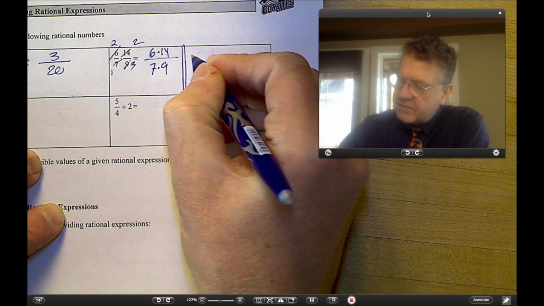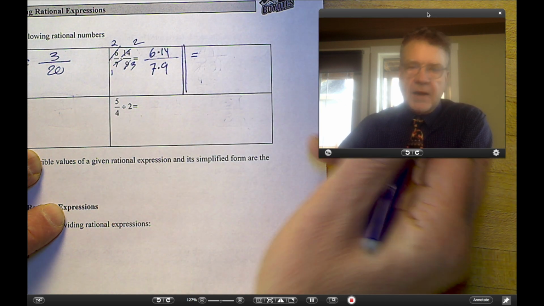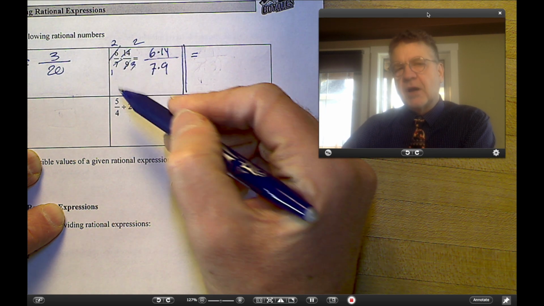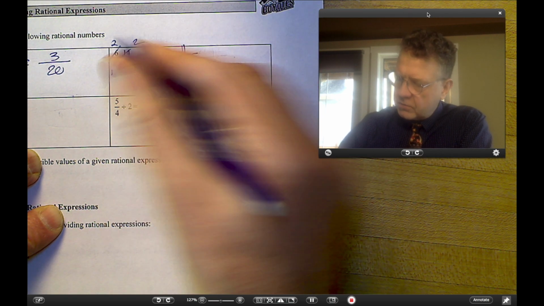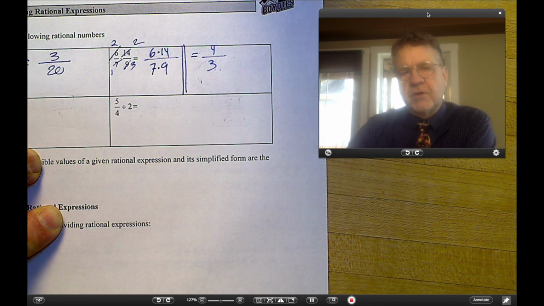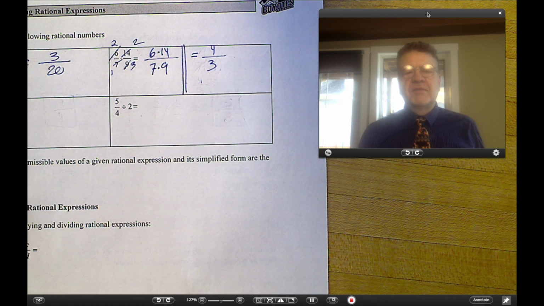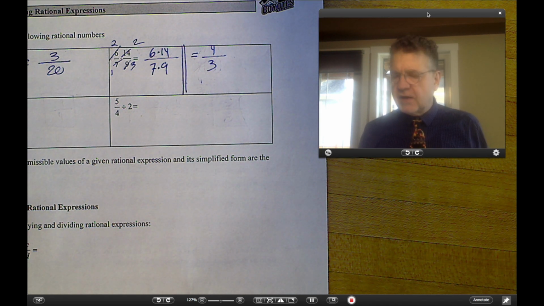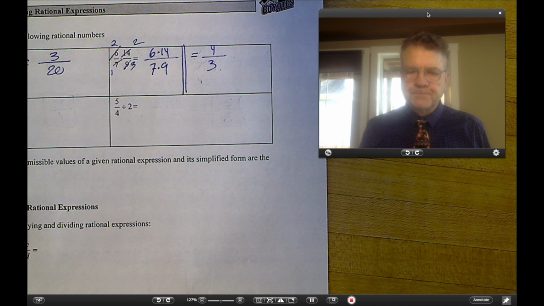So we could simplify this by using your cross factors. So 2 times 2 is 4 on the top, 1 times 3 is 3 on the bottom, 4/3. Okay? So it's a little bit of a simpler way to do it. You get the same answer, but why not help yourself if you possibly can? All right, so that's multiplication.